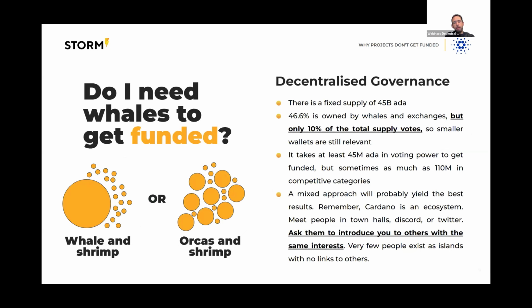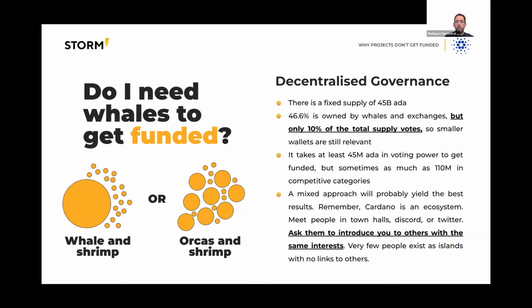In terms of how decentralized governance works within Cardano, we know that there's a fixed supply of 45 billion ADA. And we know that 46.6% is owned by whales and exchanges. And I mean really, really big whales and big exchanges. But we also know that on average, only 10% of the total voting supply votes.